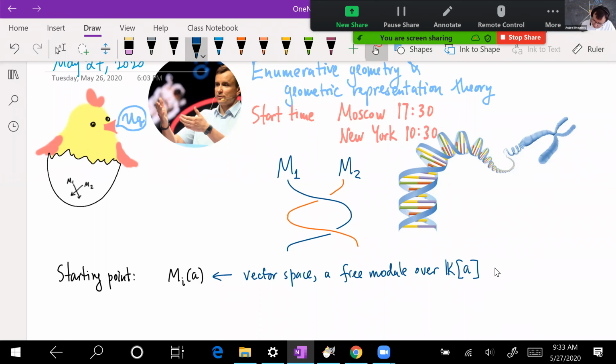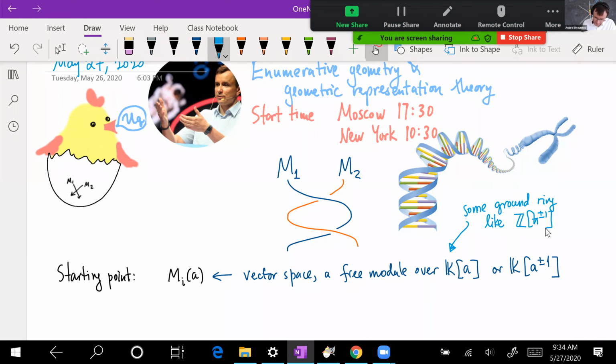K could be some ground ring like maybe Z adjoined this deformation parameter h bar, something like that.